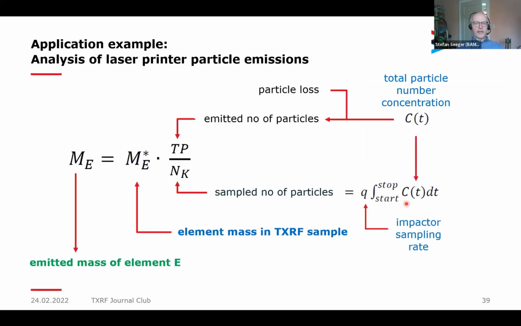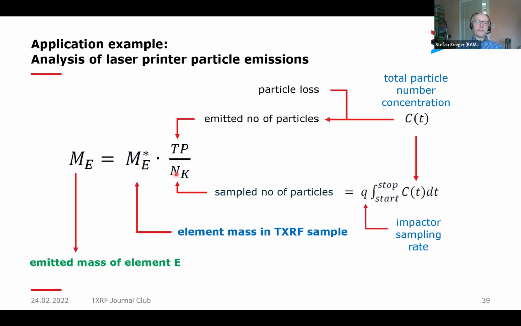Then we can do a straightforward analysis from the measured total particle number concentration, C of t. We may calculate the total number of particles emitted during the printing process when we also plug in the particle losses. For the impaction process, we can calculate the number of sampled particles, N_K, if we know the impactor sampling rate and the concentration over time.